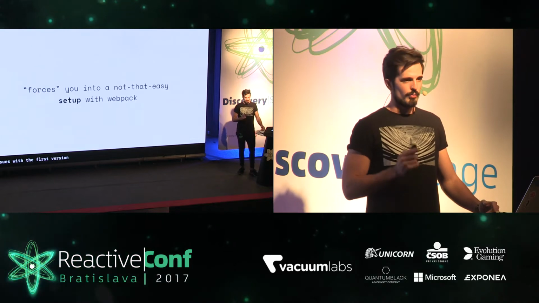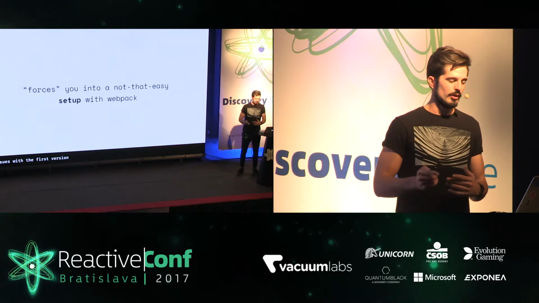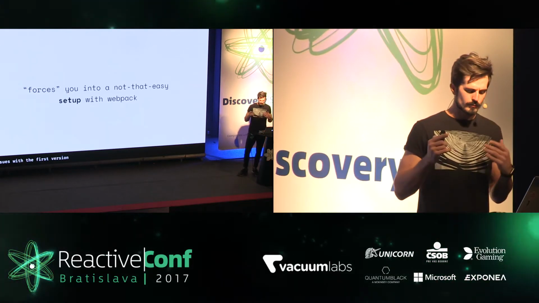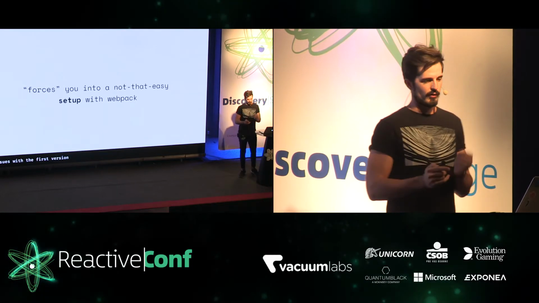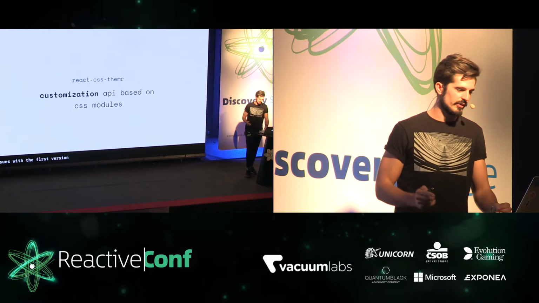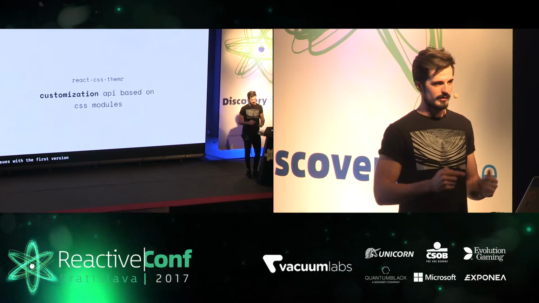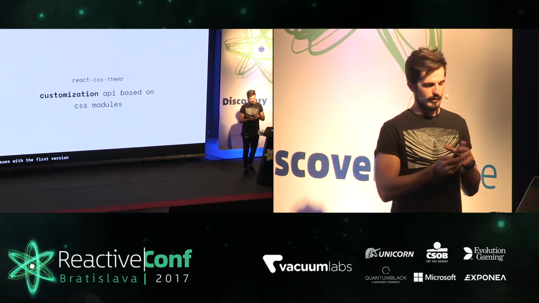And also there is another problem with this, which is that since class names are scoped, you can't write any selectors from outside. So if you want to modify the style of a small piece in your component, I built this React Css Dimmer as a workaround for that. It exposes an API for customization that is based on objects.